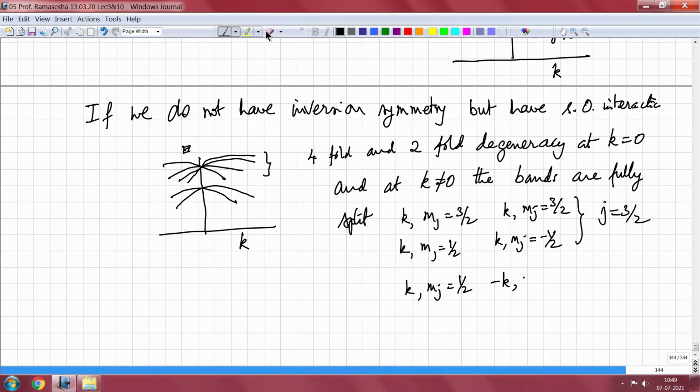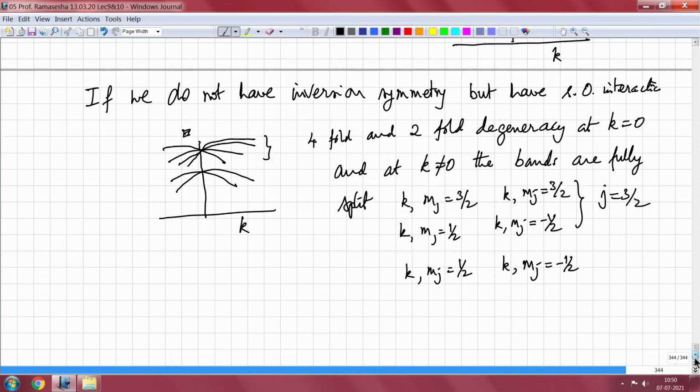And I also have k, mj equal to minus half, because when you move away from 0, then obviously on which side of the vertical you are gives the sign of k, whether it is positive or negative, and you have 4 bands corresponding to j equal to 3/2 and 2 bands corresponding to j equal to half, and each is distinguished by different values of mj.